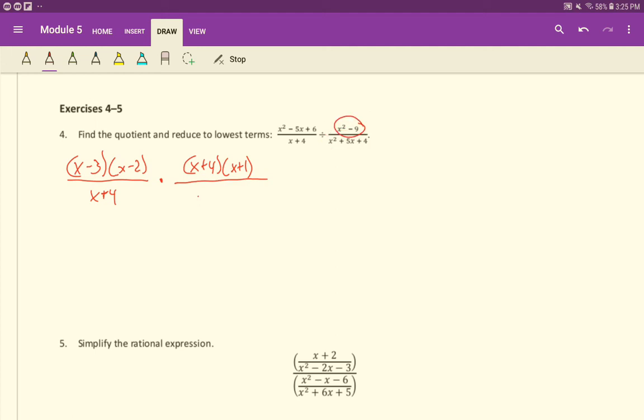But we know x squared minus 9 is really like x squared plus 0x minus 9, which means it factors to x minus 3 and x plus 3. So the x minus 3's cancel, the x plus 4's cancel, and that's all. So we're left with x minus 2 times x plus 1 all over x plus 3. And there is our factored and reduced problem.